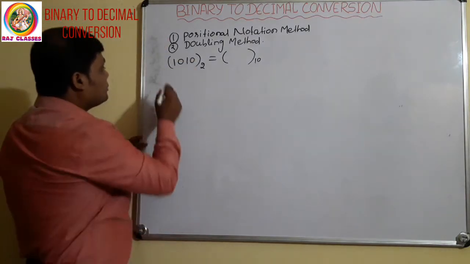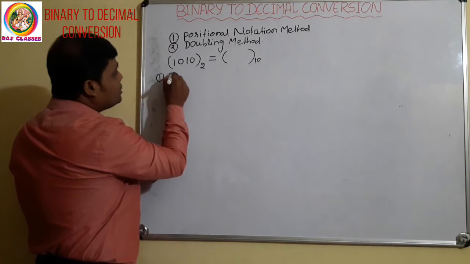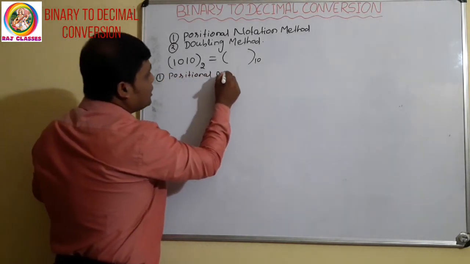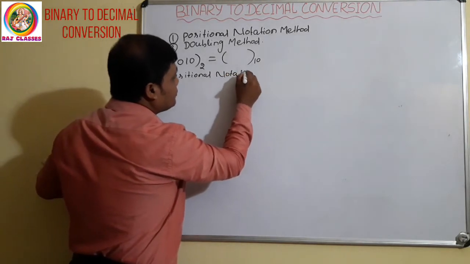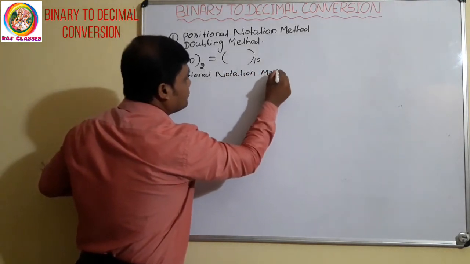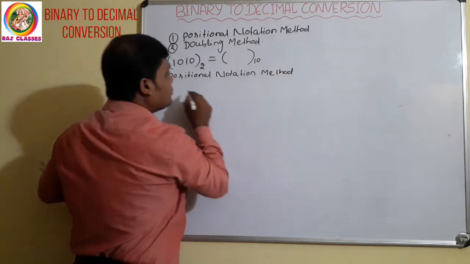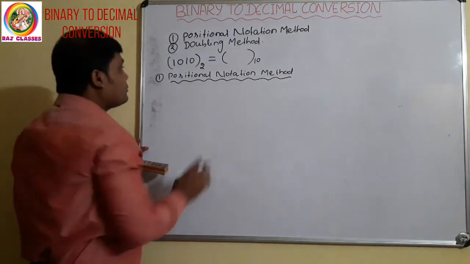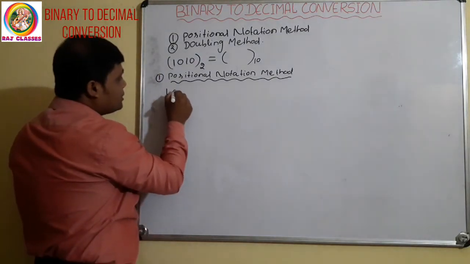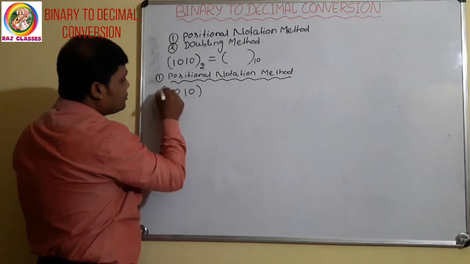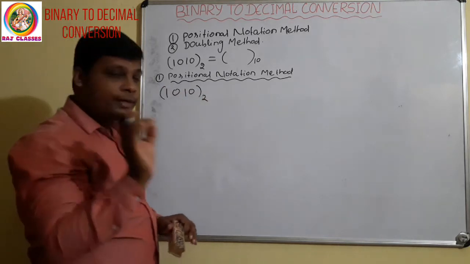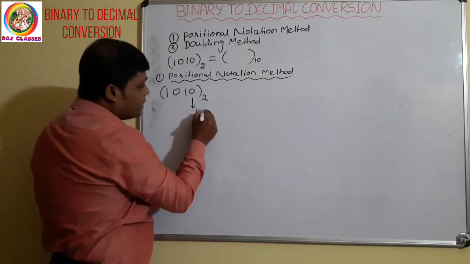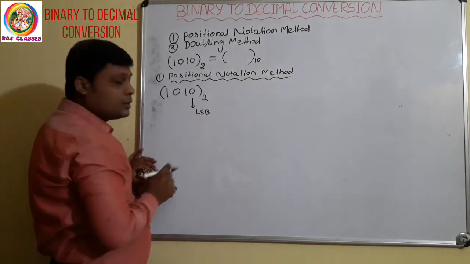Come to the first method, the positional notation method. Clear? Just see. 1010 base 2. This is the LSB.